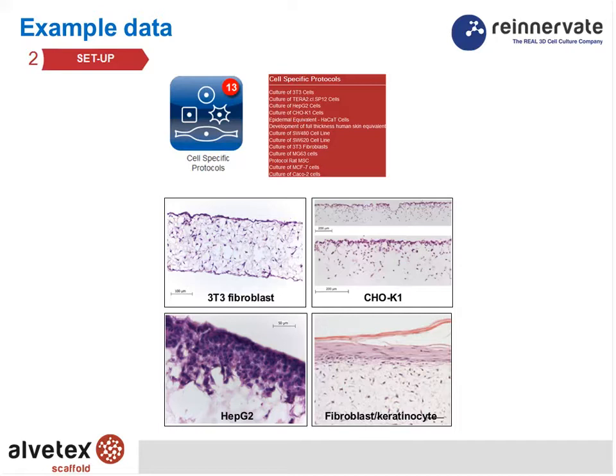And the example image which we've pulled together here just provides histological data from 4 different cell lines or cell type scenarios. And of particular interest, if you look at the bottom right hand image, that's actually a co-culture of dermal fibroblasts within the scaffold, and they're supporting the growth on top of some keratinocyte cells, so in essence a full thickness skin model.